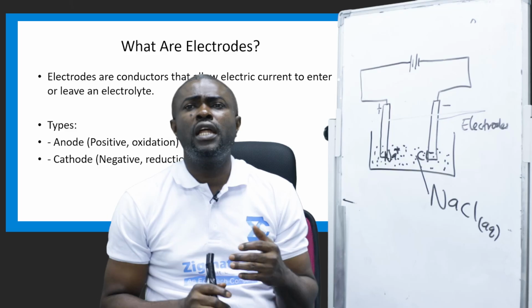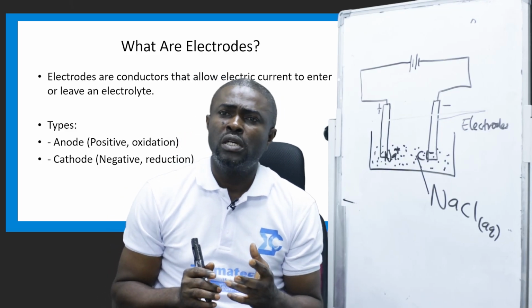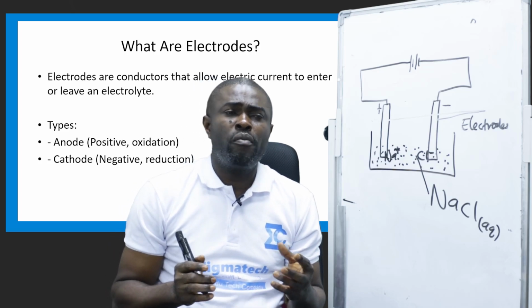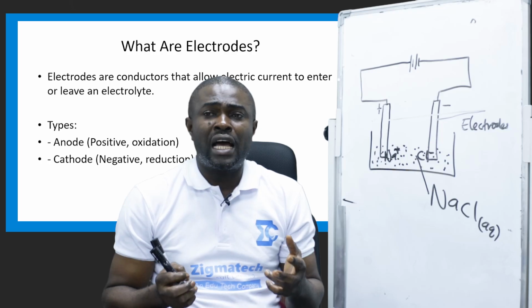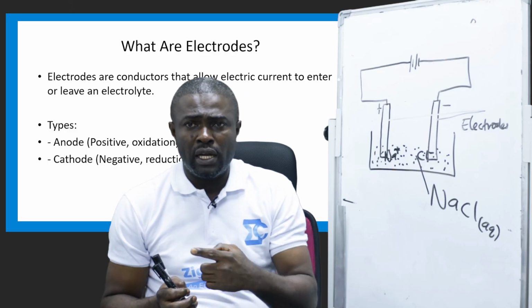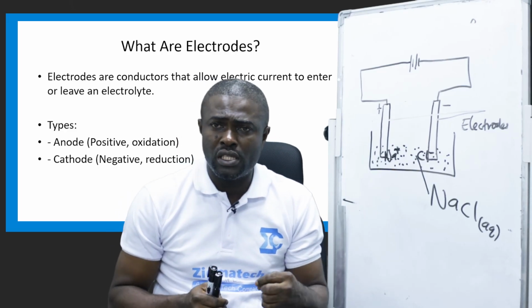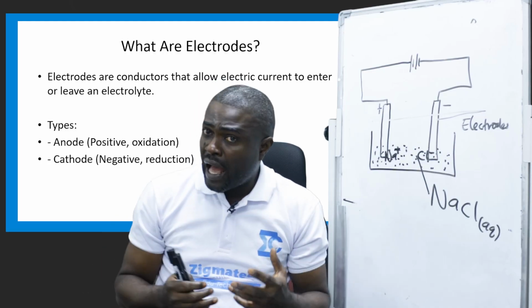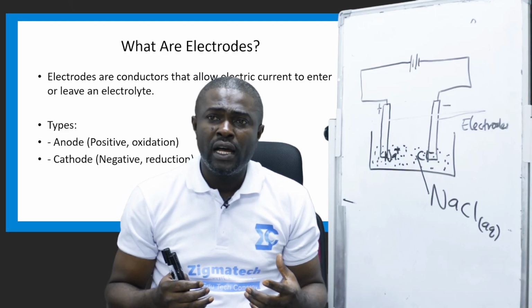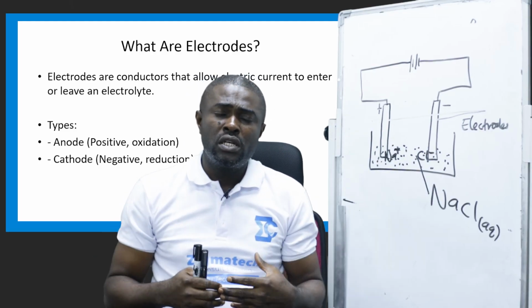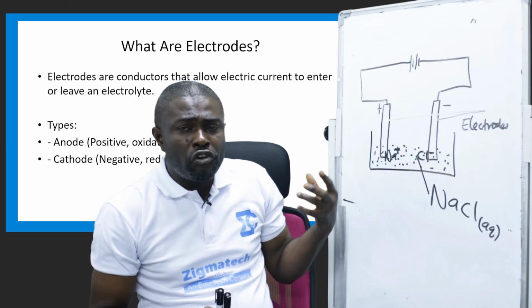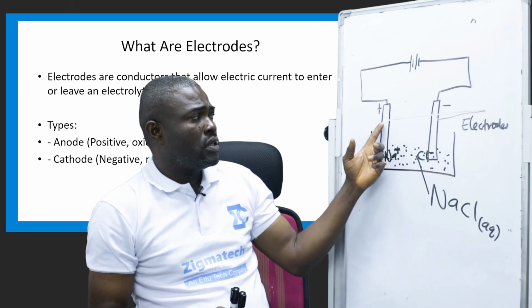Electrodes are conductors in the form of wire or rod that allow electric current to enter or leave an electrolyte from the electrolytic cell.